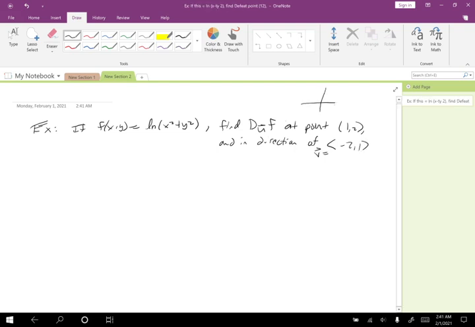If you like pictures, the vector v will look something like this. It'll have a large x component and a small y component. That's why I drew it like this.